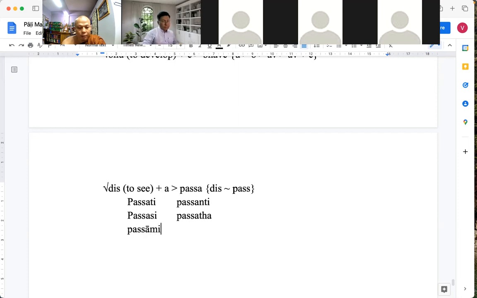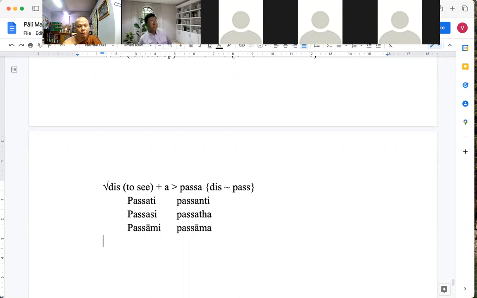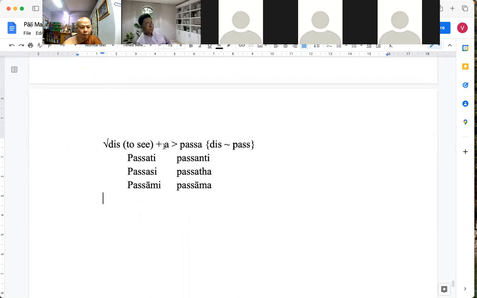So passami, we vipassana, a passa, you see, or anupassana. So from this root, we vipassana, just we prefix. And then, so passama. So this root dis with the sign up.